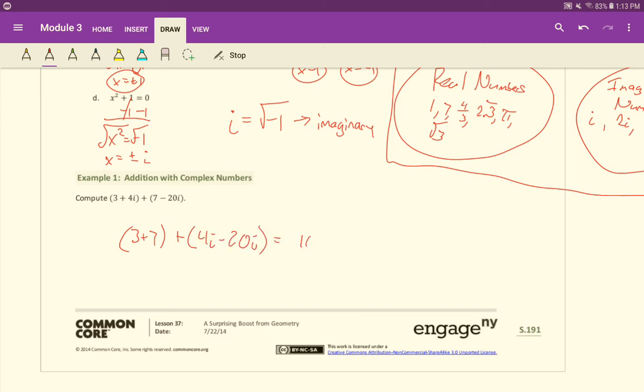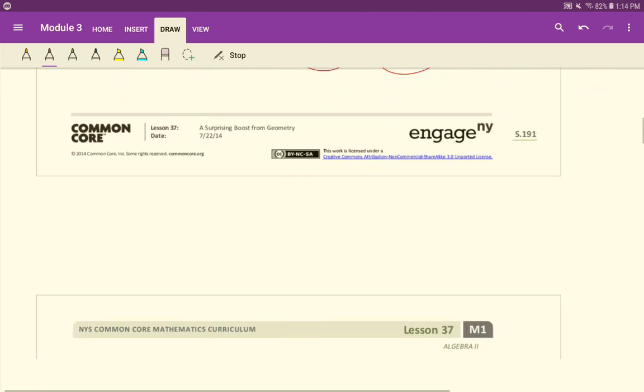And so then we'll end up with 10 minus 16i, or plus -16i if you like. Either one is fine. We can't combine the 10 and the 16i because they are not like terms. The 10 doesn't have an i. The 10 is real. The -16i is imaginary.